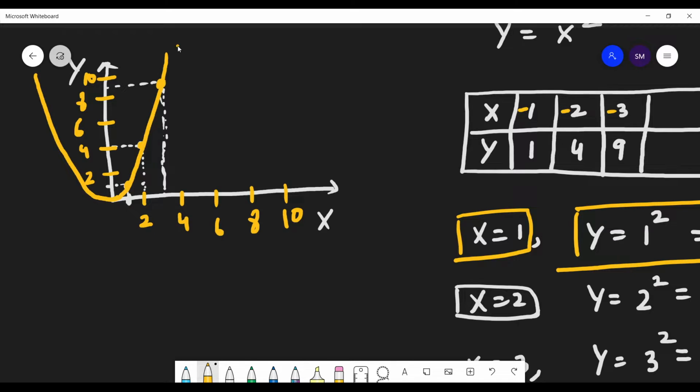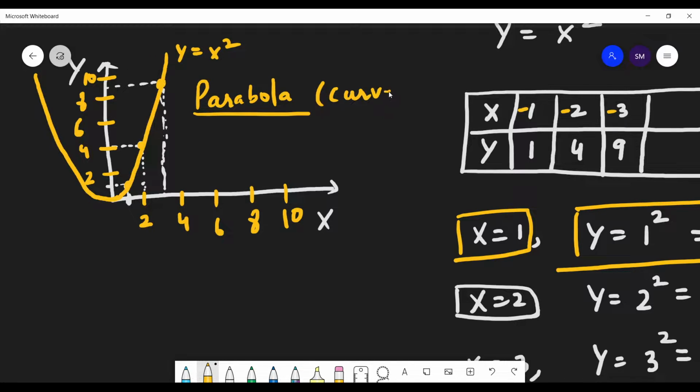So this graph, which relates these two variables, this particular graph is a parabola. Okay. What do we call this particular graph? Parabola. You can see that this is not a line, right? This is a curve.